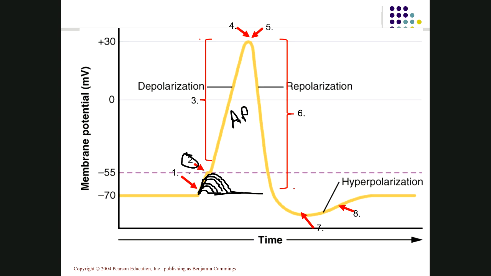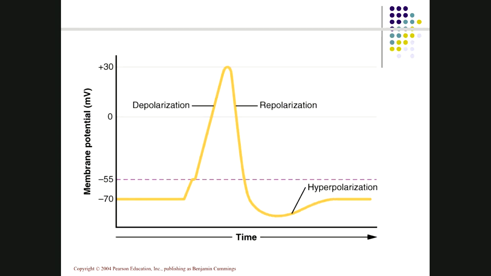So these are not action potentials. These are graded potentials. I'd like you to be able to tell me what happens at number 1, number 2, all the way to number 8. You should sit down and write out this set of steps from 1 through 8. Even if the numbers aren't on there, you should be able to figure it out.